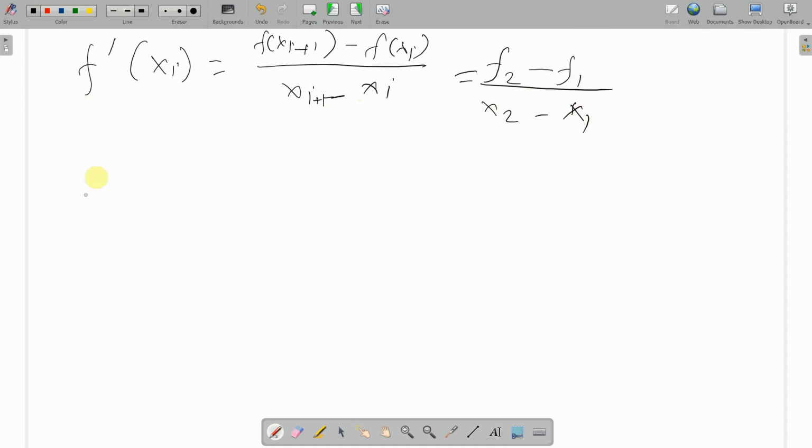Now for the 3-point formula, you have to find f dash xi, and you will be considering 3 points: i plus 1, i minus 1, and i.